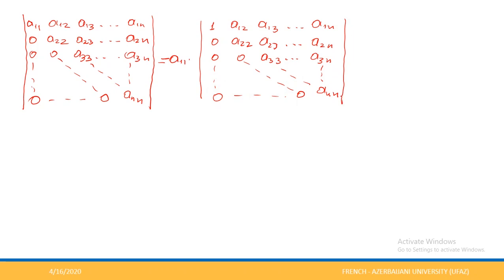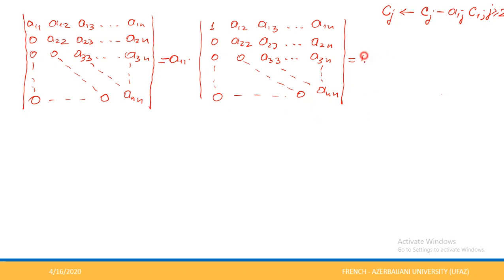And then over the jth column we use this elementary operation. Instead of the jth column we write the jth column minus a1j times the first column. Here j is greater than or equal to 2. From the previous lesson you know that if we use this elementary operation, then this determinant will not change.